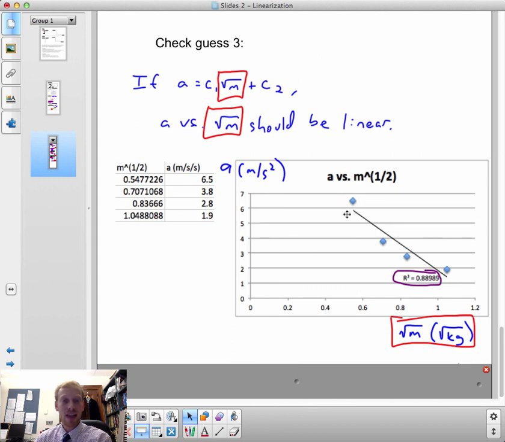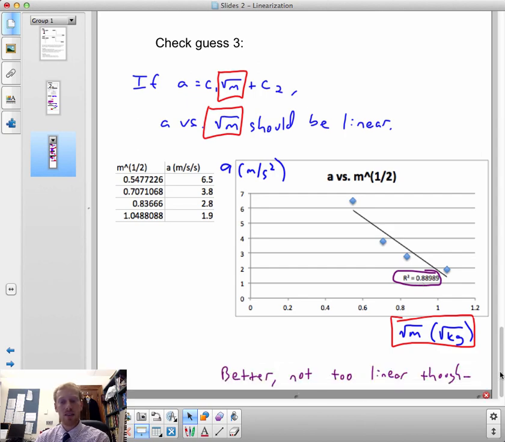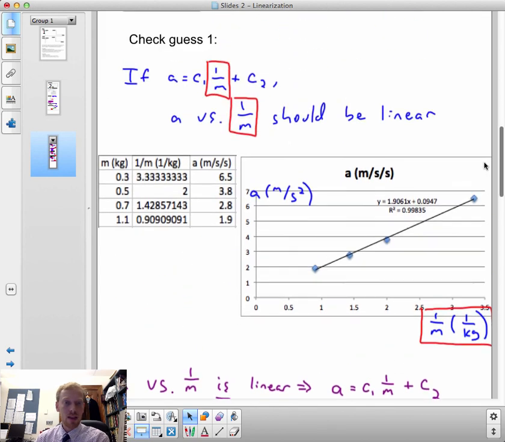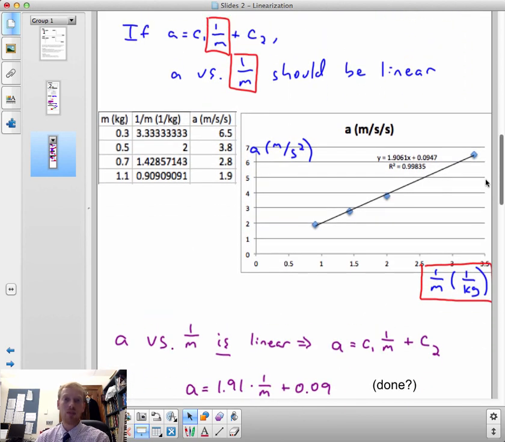If the original shape is 1 minus a square root function, this graph should be a line. Is it a line? It's not a very good line. R squared is only 0.89, so it's kind of linear, but it looks like guess 1 was the best, the inverse relationship.